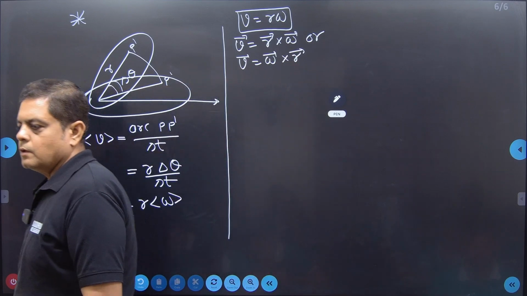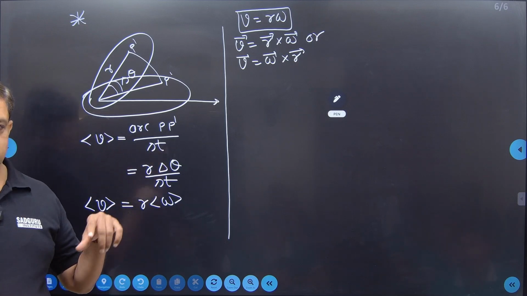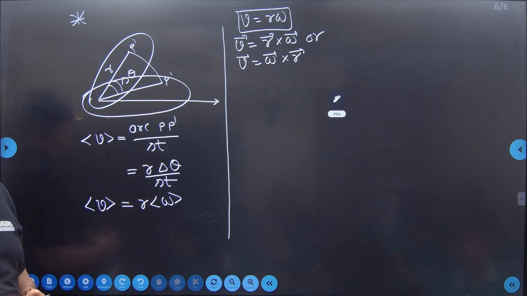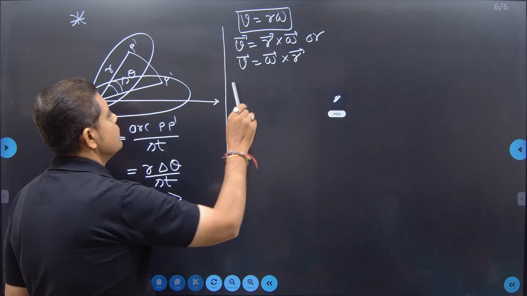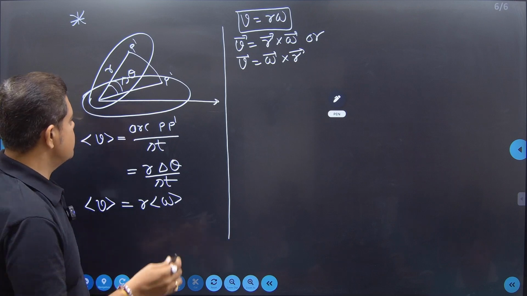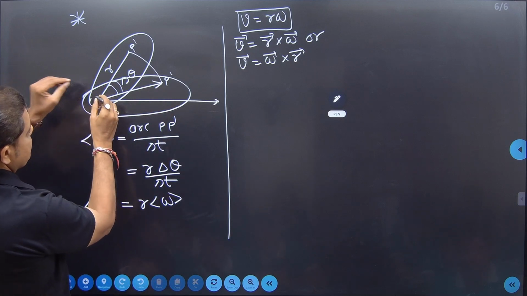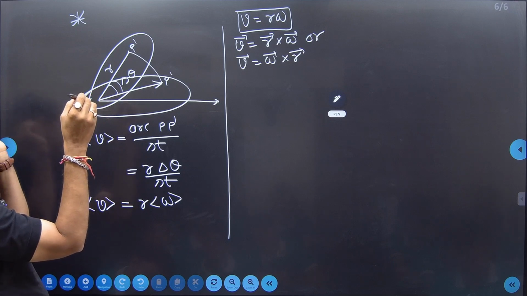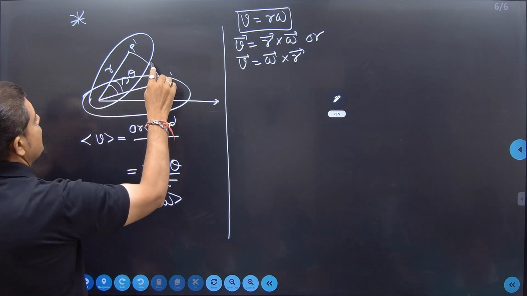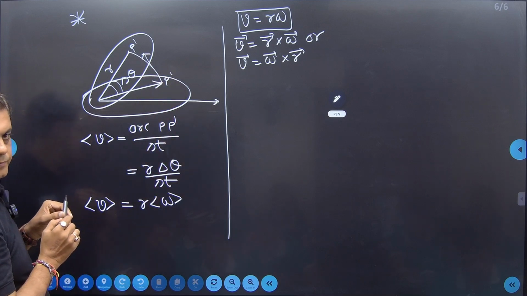Here, this is the direction of r, this is the direction of omega, perpendicular to the plane outside, and your linear velocity is in the tangential direction.